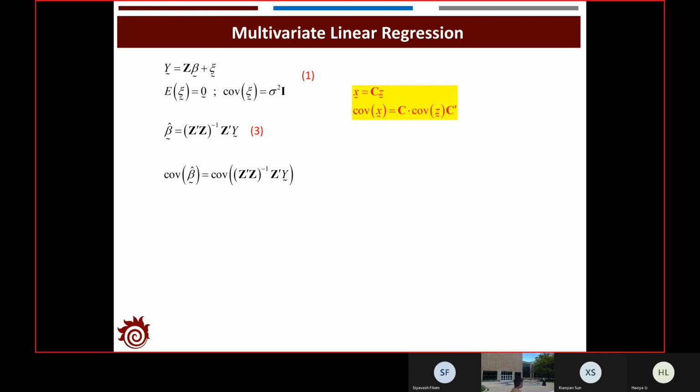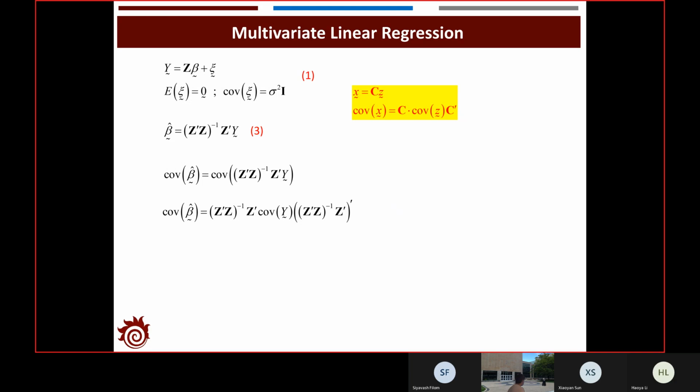So for this one, you can consider capital C as Z transpose times Z inverse times Z transpose. So you apply C and C prime at the front and at the back of the covariance of Y. So this will be the covariance of beta hat. We have C and C transpose.